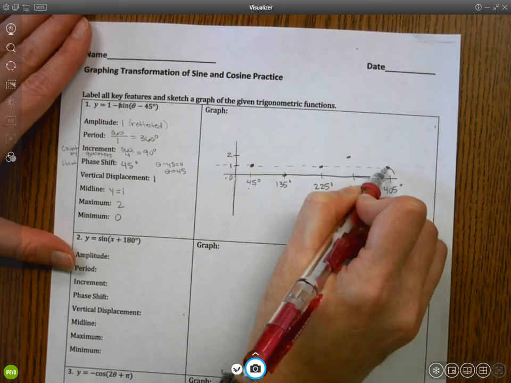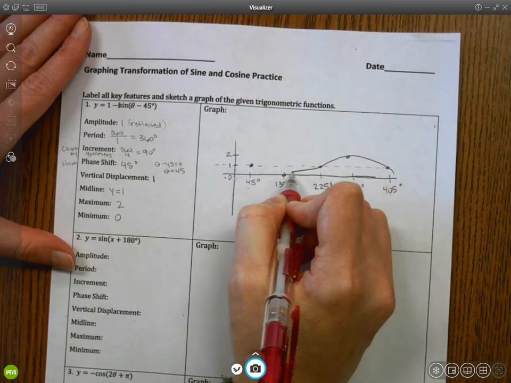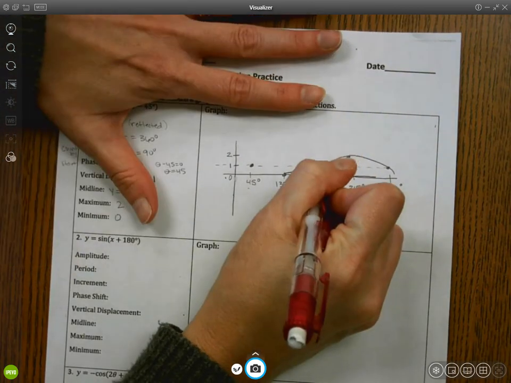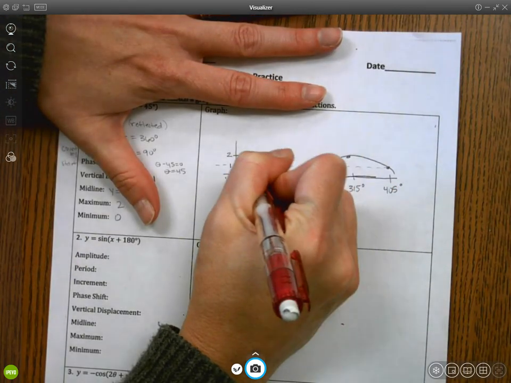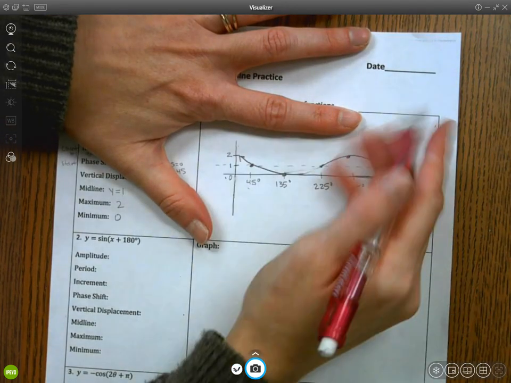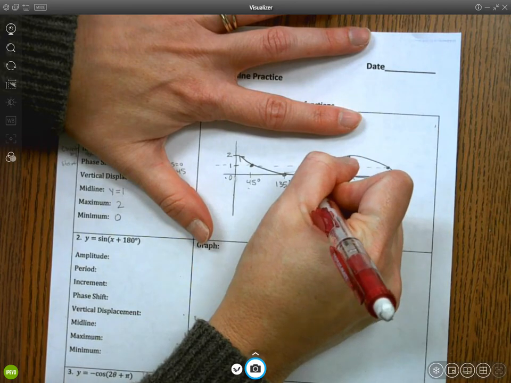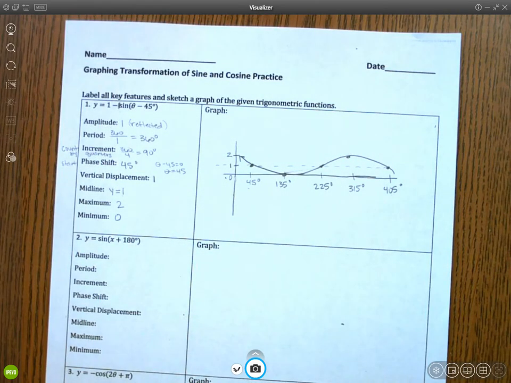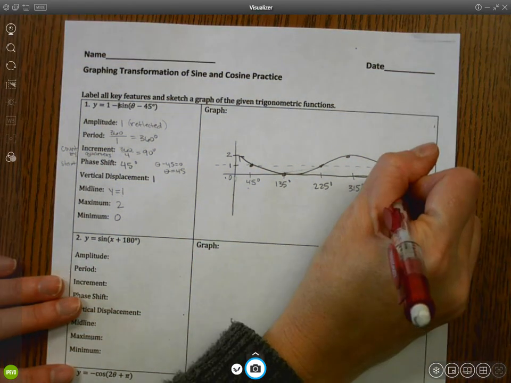And then you just make a smooth curve through those points. And you're done. This looks a hot mess. Let me fix it. Okay, so there's one graph.